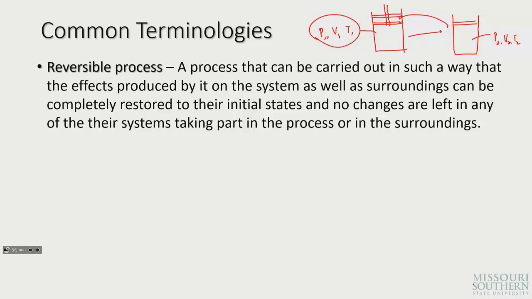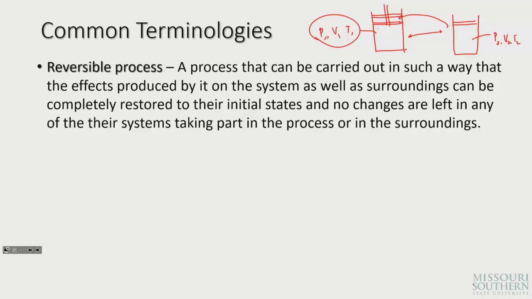In order for you to take it back to the same state, you will need to carry out the initial process in very small steps. If you pull it really rapidly, then you will create some gradient, so the system won't be in equilibrium.